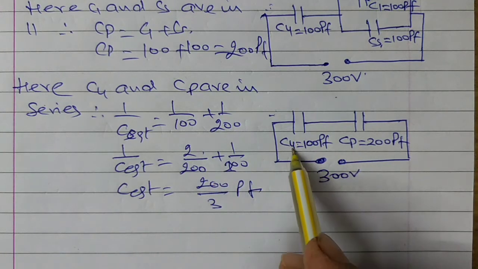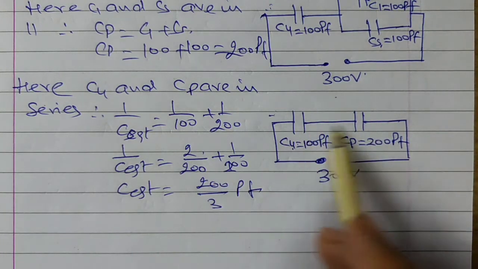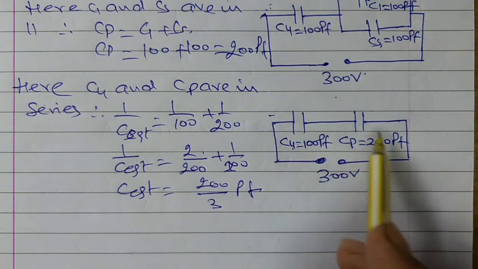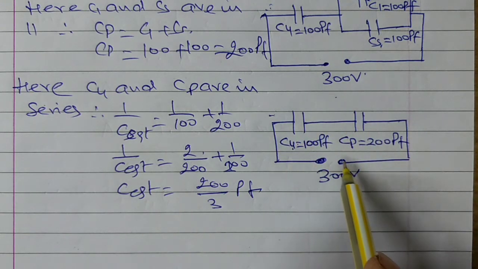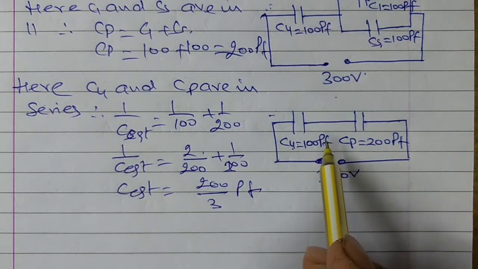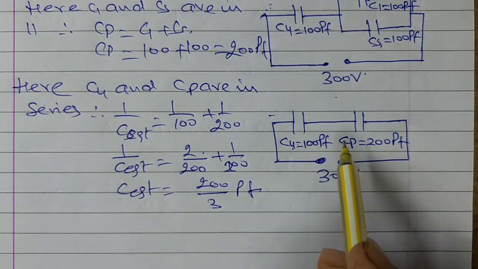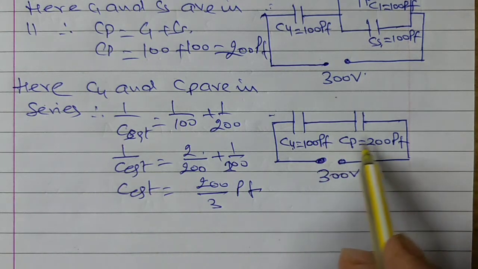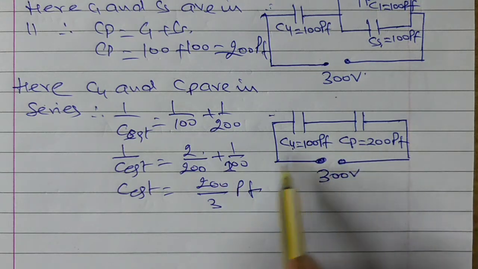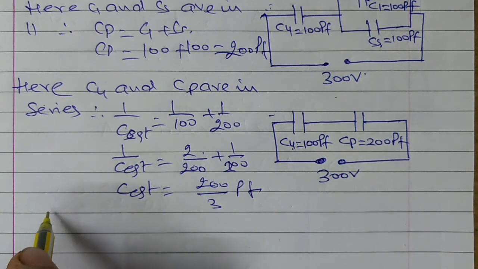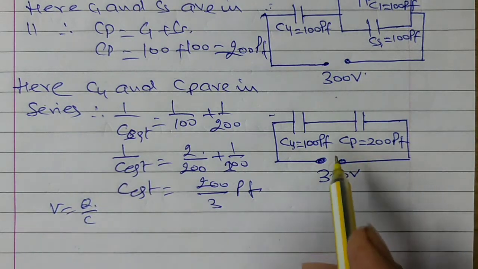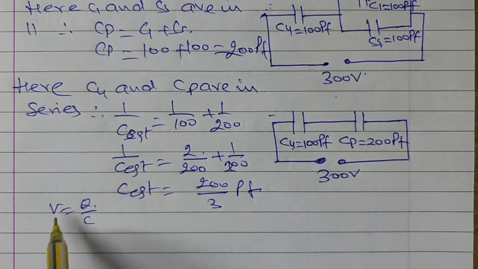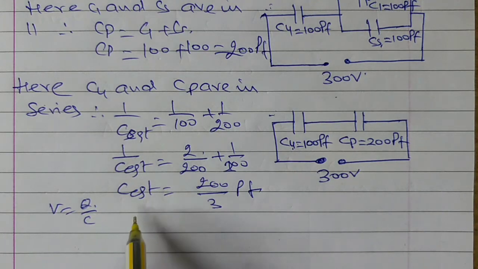Here this C4 and Cp are in series, and in series we know that the charge is same and the potential difference distributes in the ratio of 2:1. We know that V is equal to Q upon C, that is, charge is same, then the potential difference is inversely proportional to capacitance.